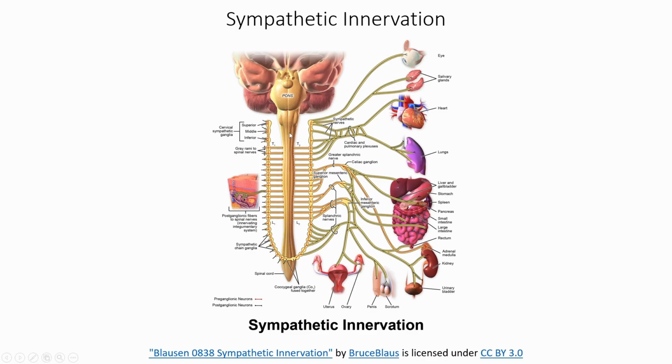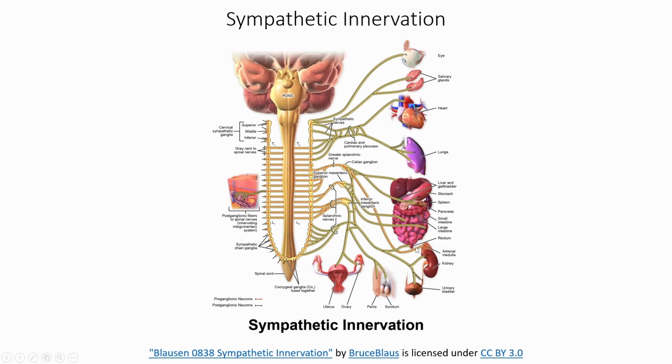Let's at least point out a couple that matter. Here we see the greater splanchnic nerve. This is going to communicate with some of the liver and the stomach and the pancreas. The one I want to point out here is the adrenal gland. We see there actually is not that ganglionic neuron. It goes from preganglionic all the way down.